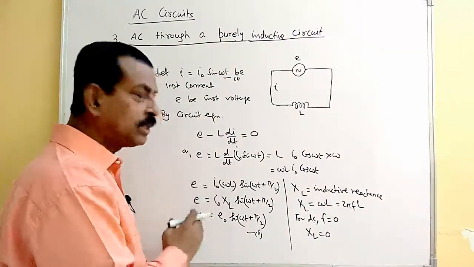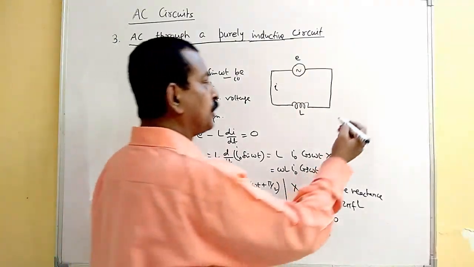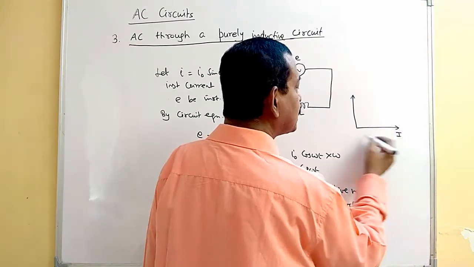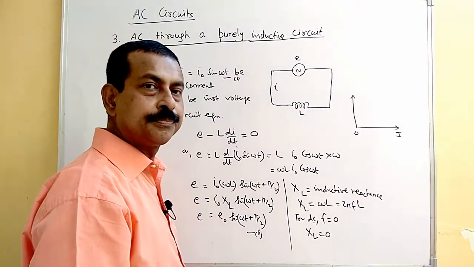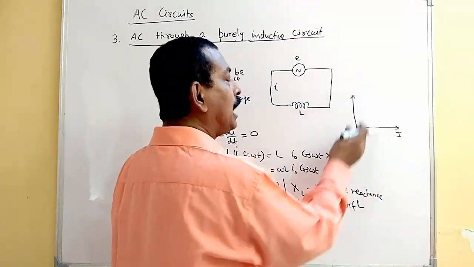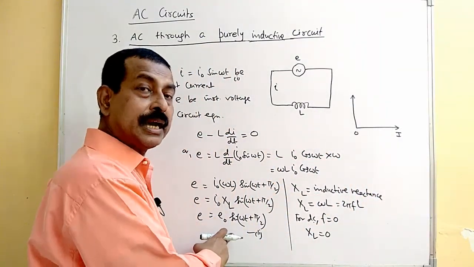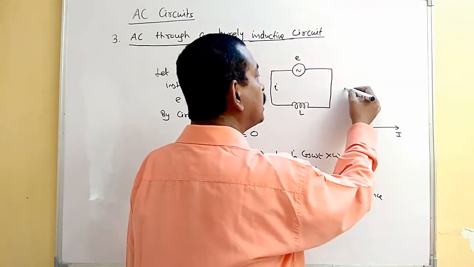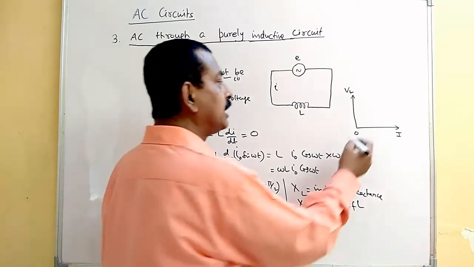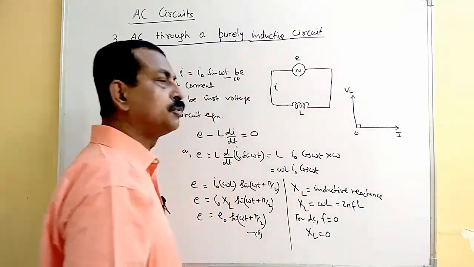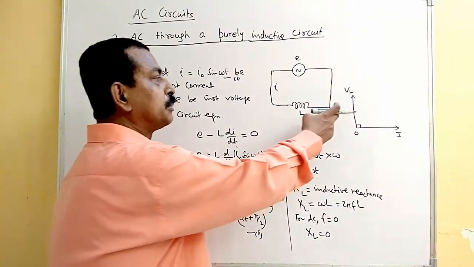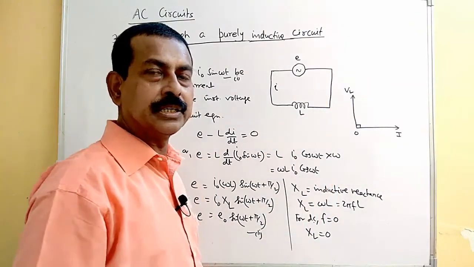Again, if you show the phasor diagram, on the x-axis we show current, that means this is the direction of current, and as the voltage is 90 degrees ahead, voltage across the inductor I will show along the positive z direction, so that it has a phase difference of 90 degrees between the two. So this is the phasor representation for voltage and current there.